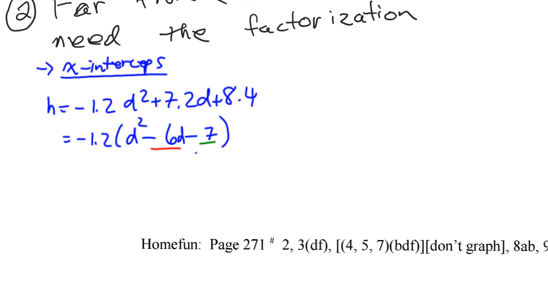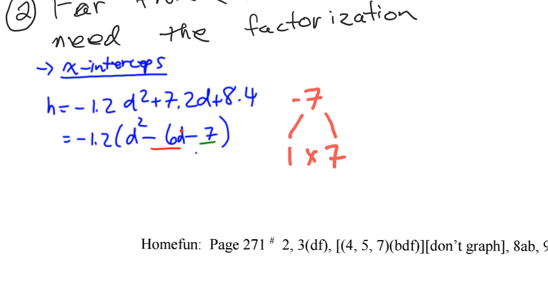Now, from here, you need to remember that we need to find numbers that multiply to negative 7, right? The big hint is that one of them has to be negative.